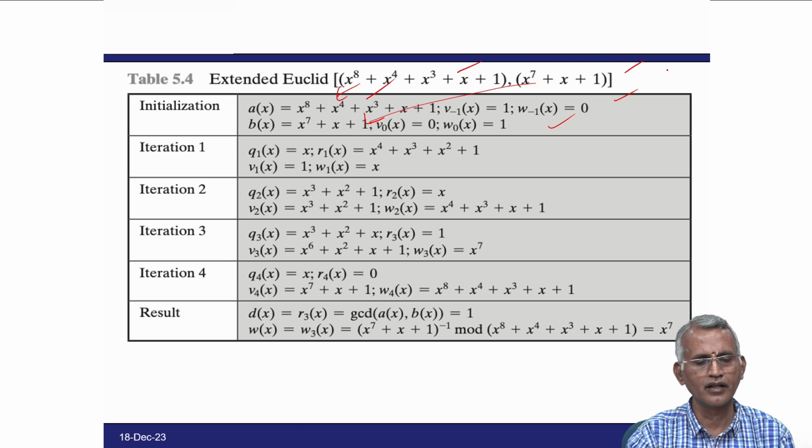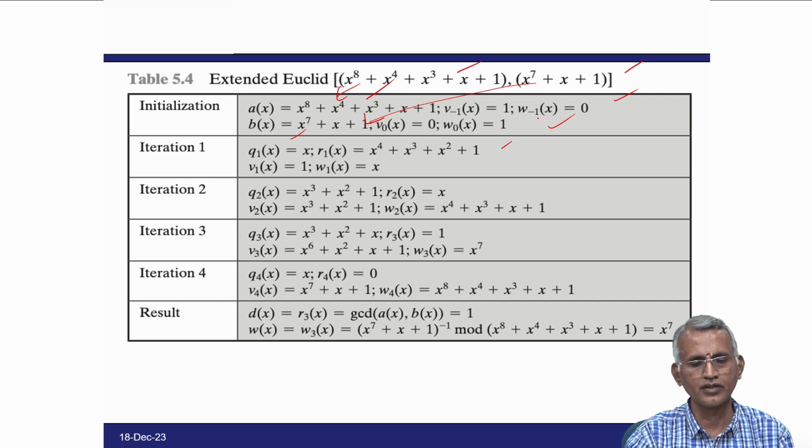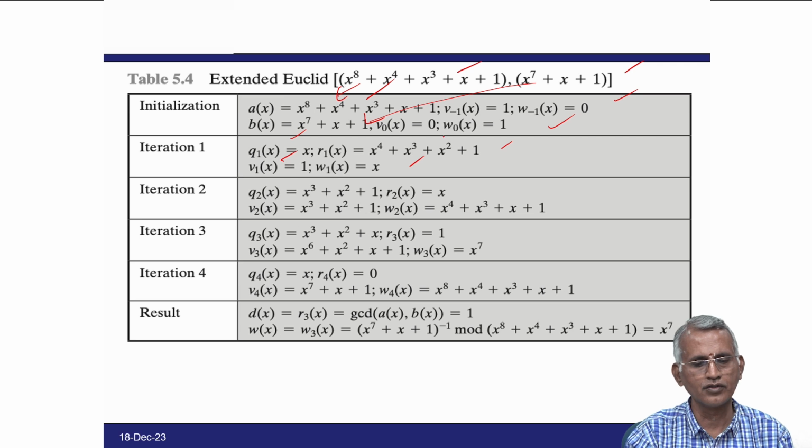If we divide a of x by b of x, we have a quotient and a remainder, and then we have q1 of x is x, and the remainder r1 of x is equal to x power 4 plus x cube plus x square plus 1. So, from this we can infer v1 of x equal to 1 and w1 of x equal to x. Then comparative study with the next iteration.